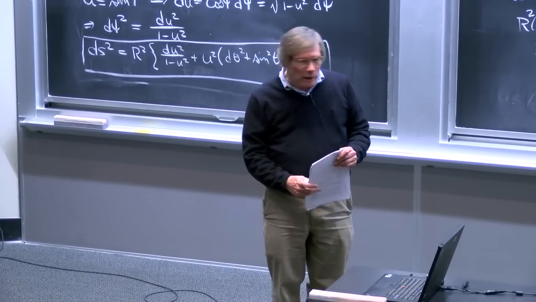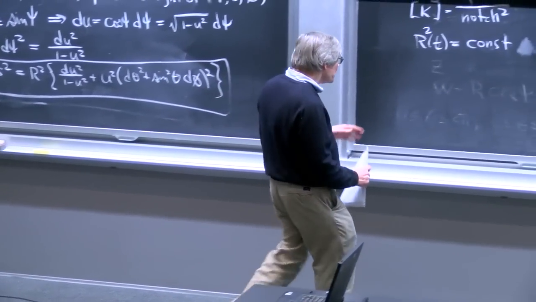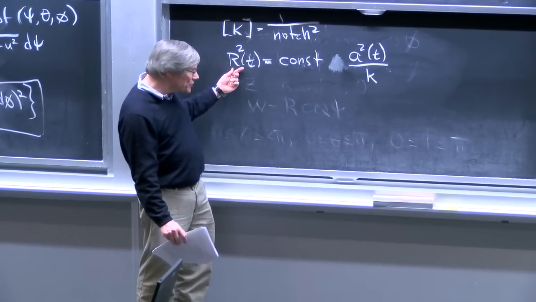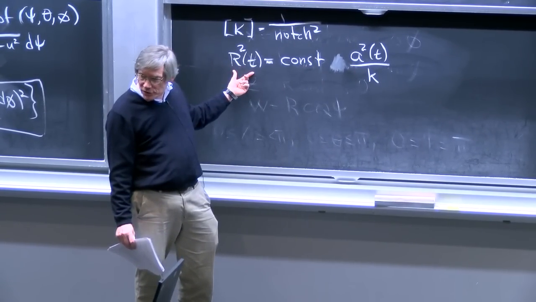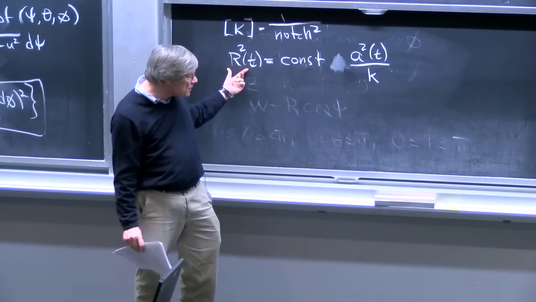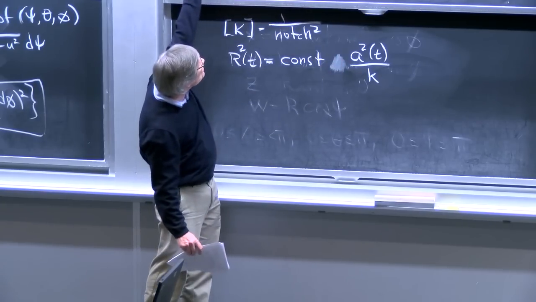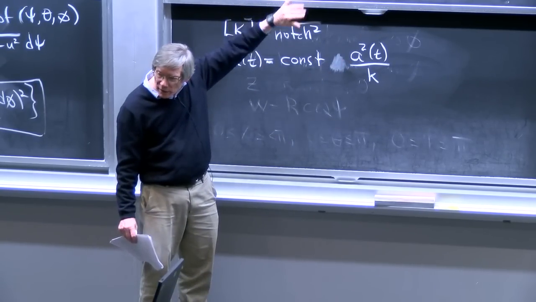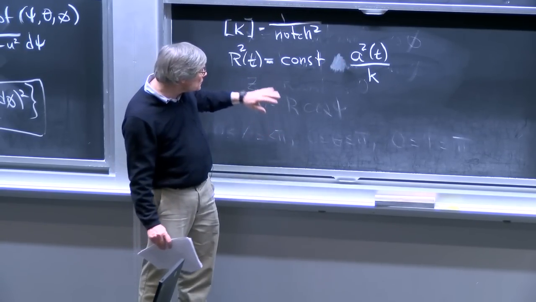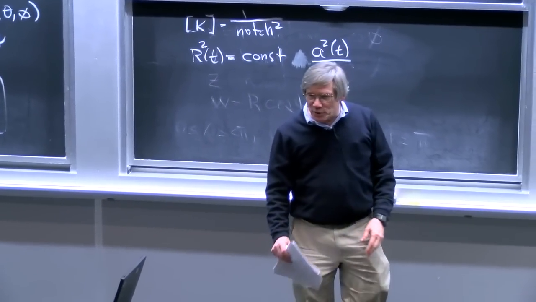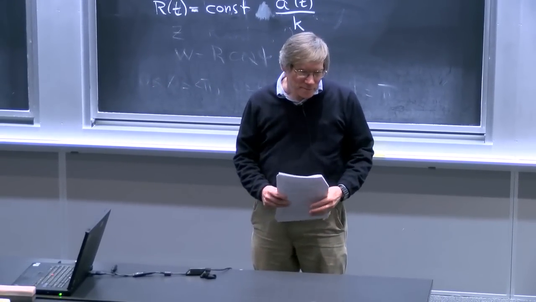OK, now what this constant is really is the statement of how curved is our space. R is really a measure of the curvature of our space. How curved is our space for a given description of what the matter is doing? A of t is directly related to the matter in our universe by the calculations we've already done. So this clearly is a formula of exactly the type that I told you we weren't going to learn how to deal with.